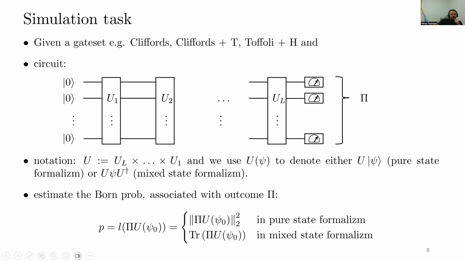This is some ket, and we take the 2 norm and square it. In the mixed state formalism, this is a trace of a density operator conjugated by U multiplied by pi. Okay, cool.